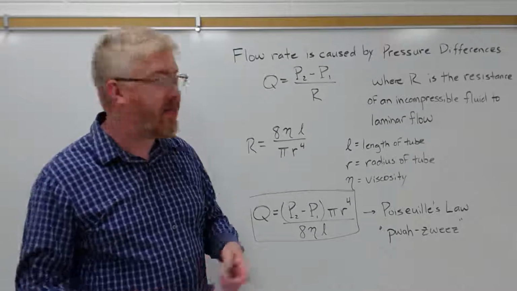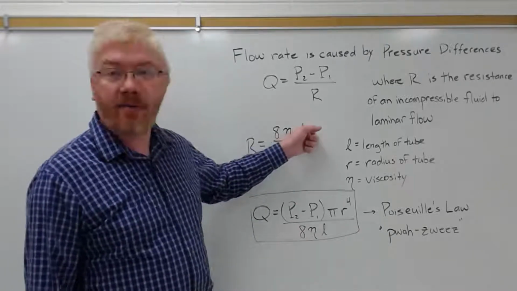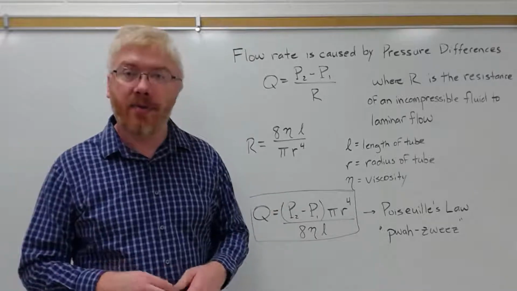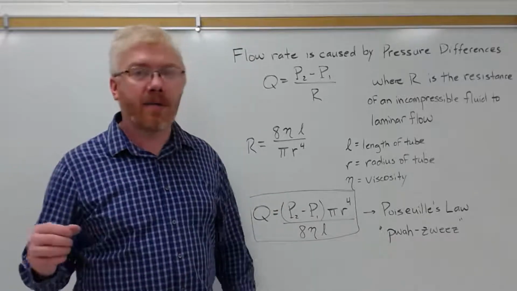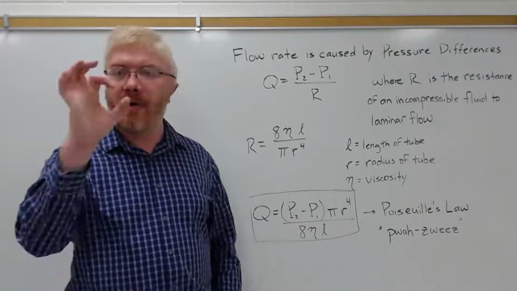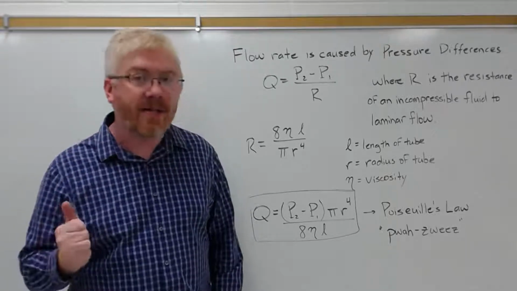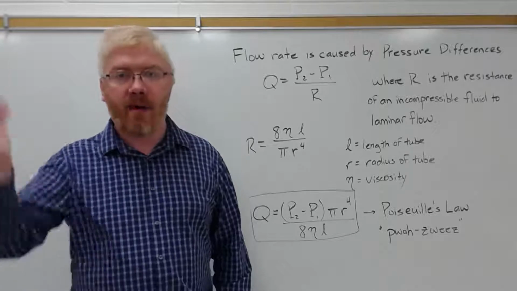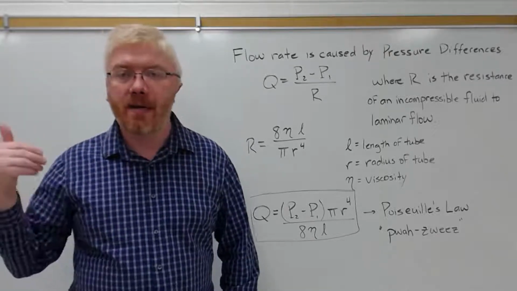Different oils have different viscosities, the length of the tube you're pushing it in, and that allows you to pick an acceptable radius for the tube. A very, very small diameter tube is not going to give you very many gallons per second from the tar sands to Texas.